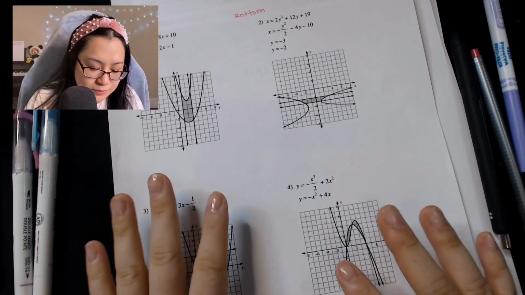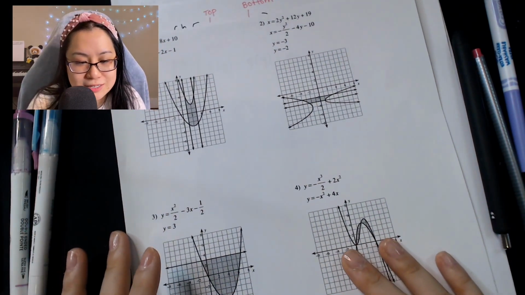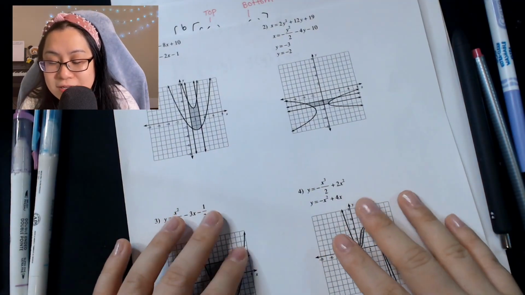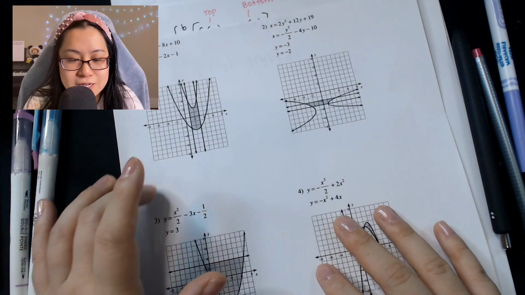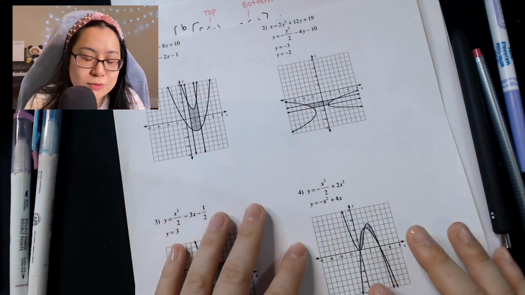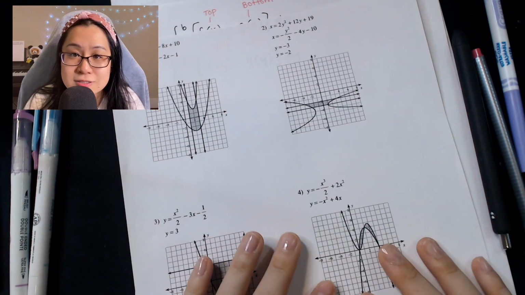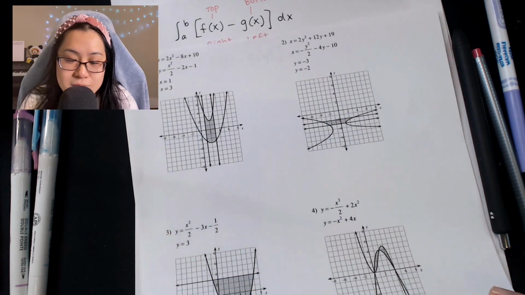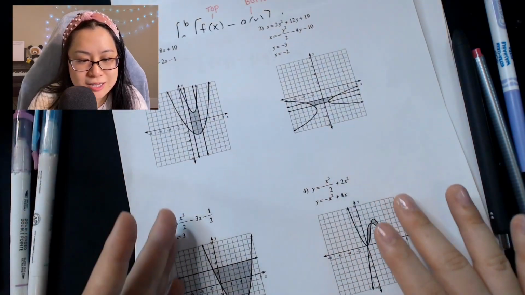Now, I'm going to say ahead of time that I want to focus on the area part. We are going to get integrals here, and I don't want to distract us by actually calculating the values of them, especially in this case.